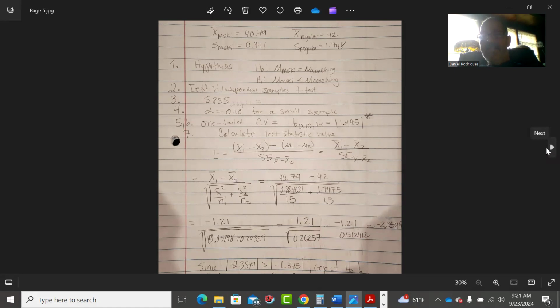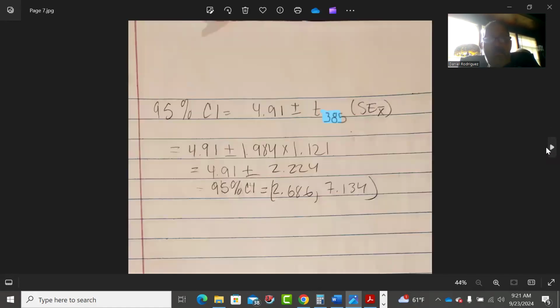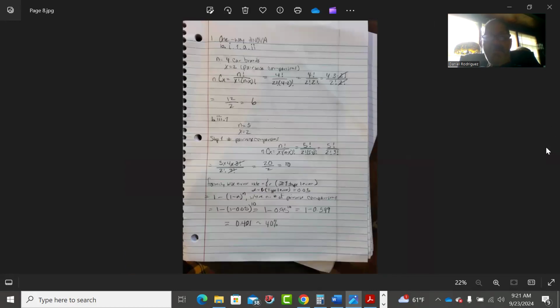Let's see if I have this demo here. Here it is. Okay, so here's just for your information, the calculation of the number of pairwise comparisons we could make if we had 4 car brands. So n equals 4 and x equals 2 here because we're doing pairwise comparisons.